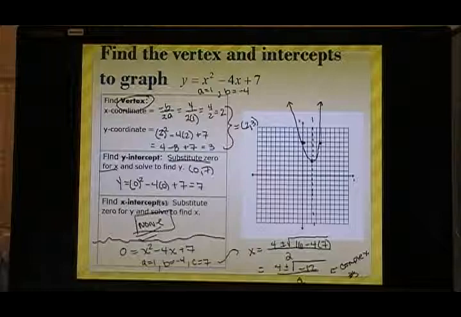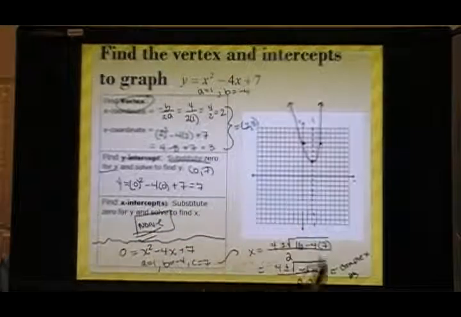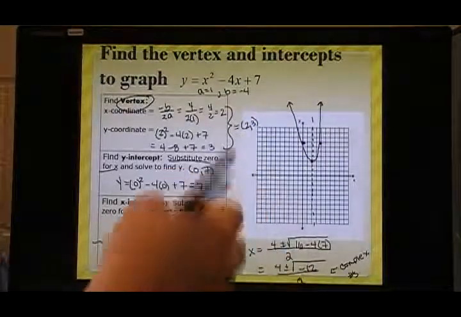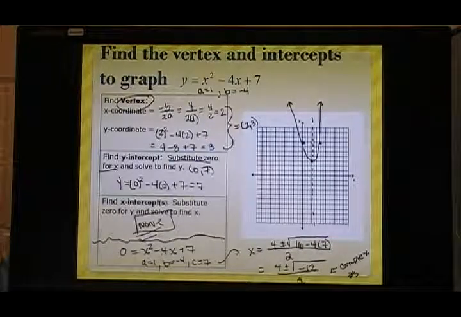Okay? So you can look at it visually, and you can also check out the algebra and make sure that it all gels.